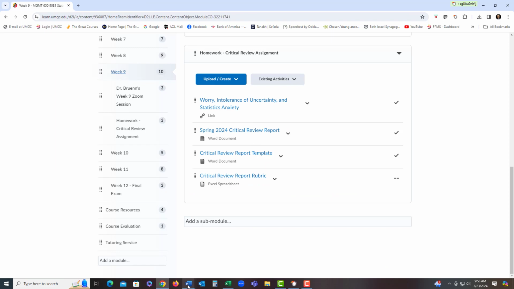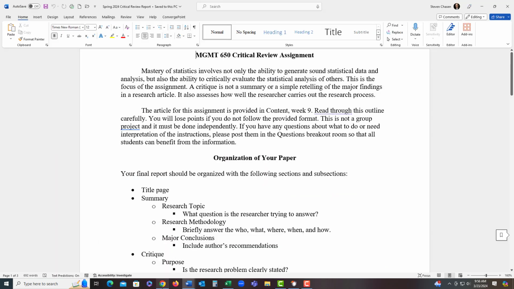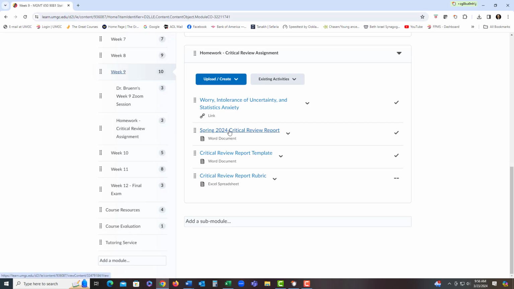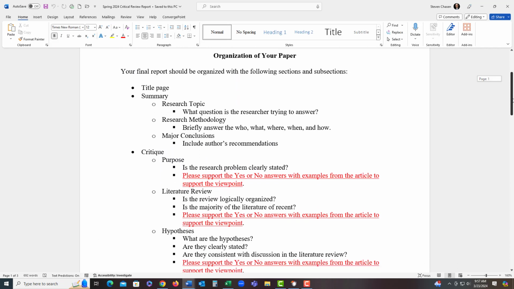Alright, in session 9, again, you have the information that you need in order to do the work. You have your report right here. These are the directions. This is your directional sheet. You have a title page. Make sure you include that.